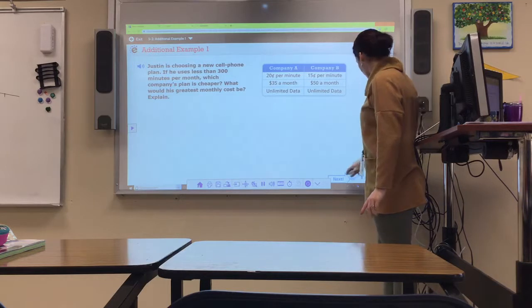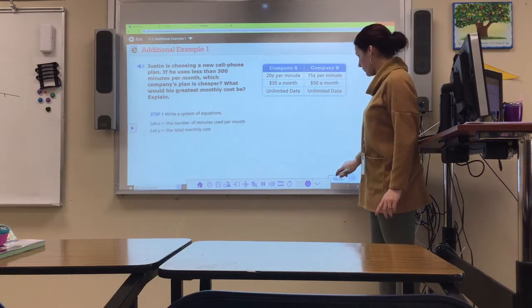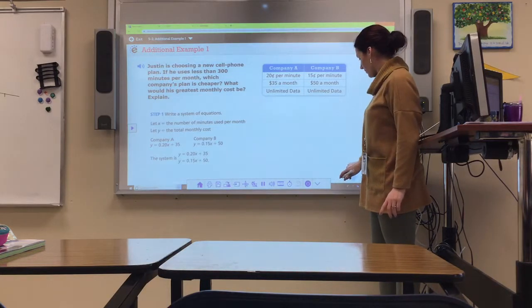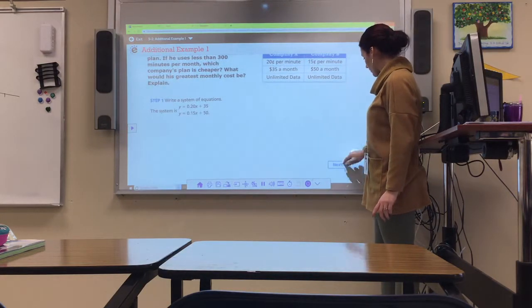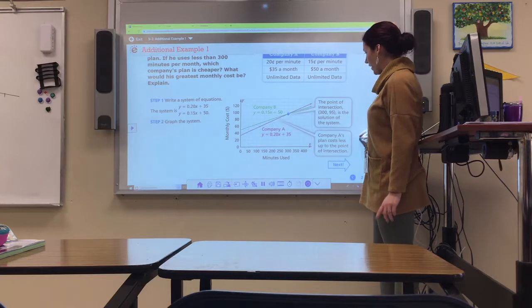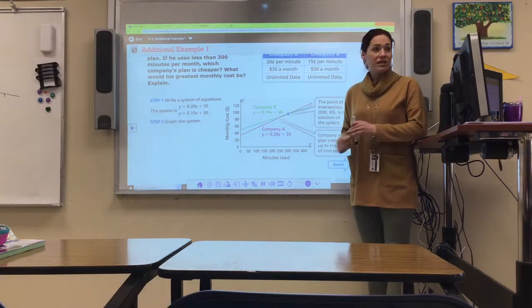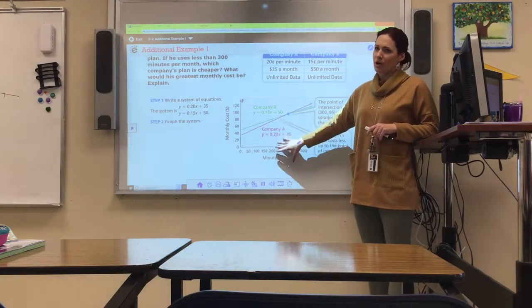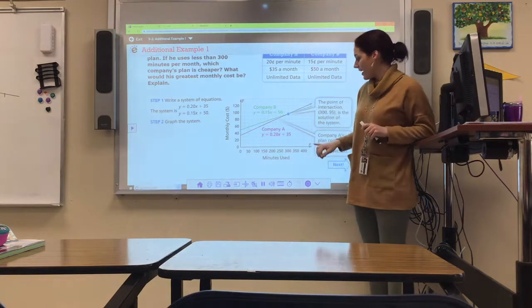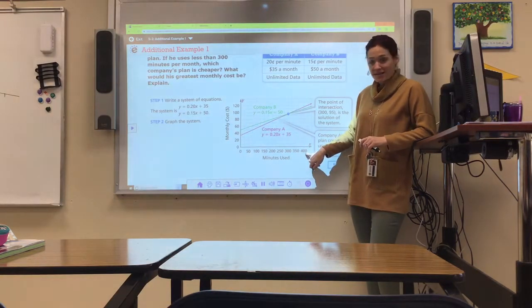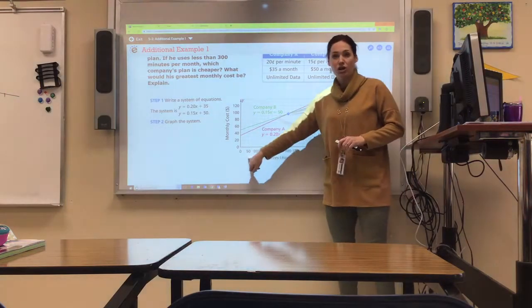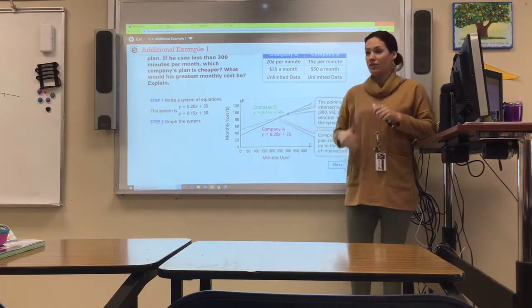Okay, here it is. This is a computer-generated graph, which is much more accurate than our guess that we just had. Notice what they have on the x-axis down here: much larger numbers to be able to go out further for the minutes.